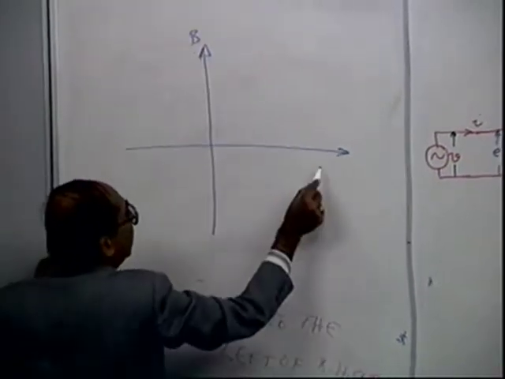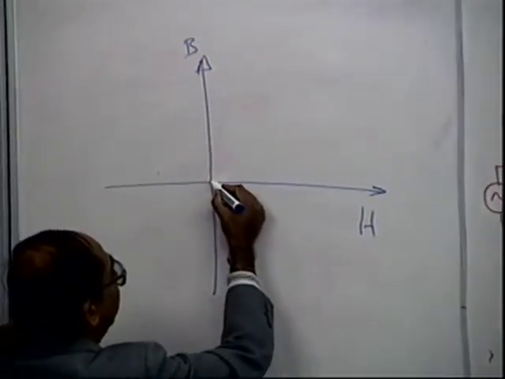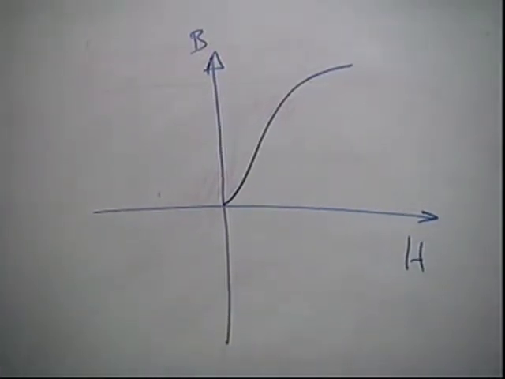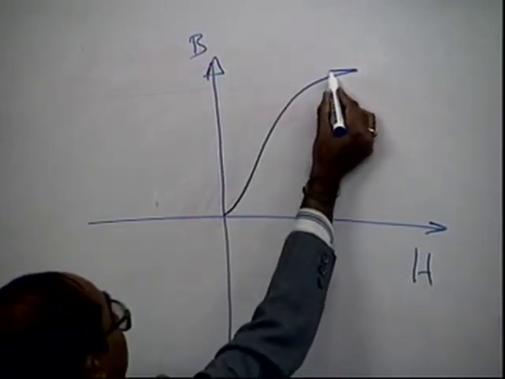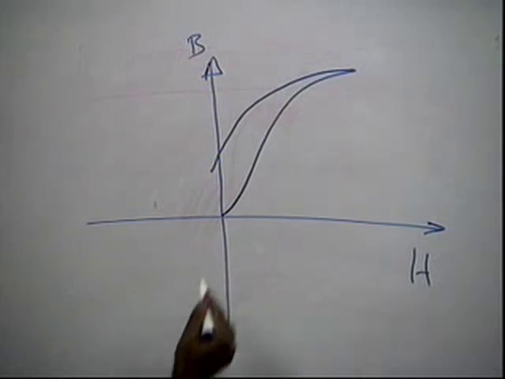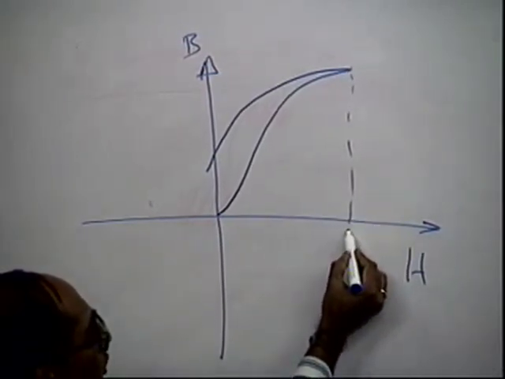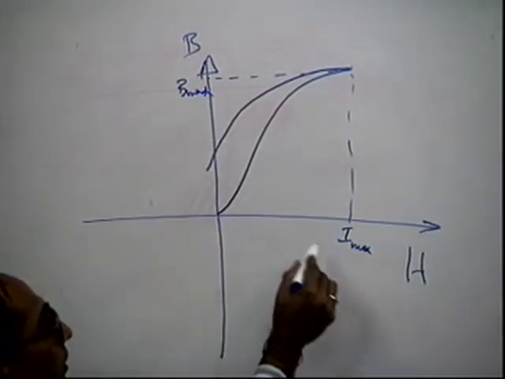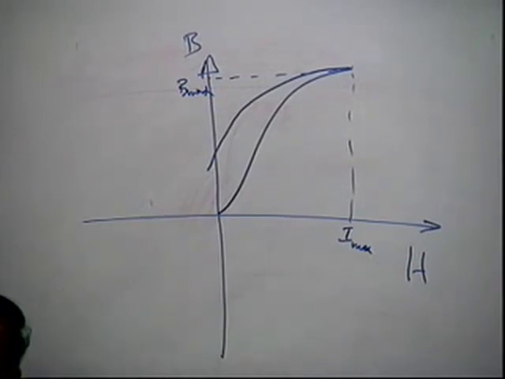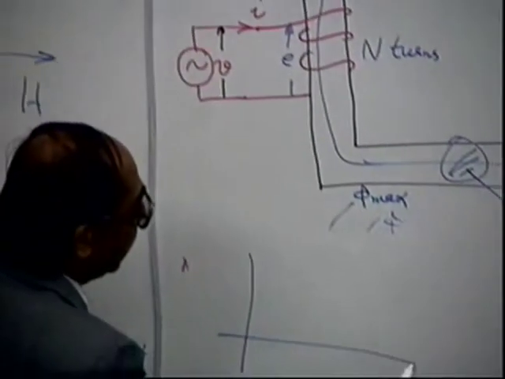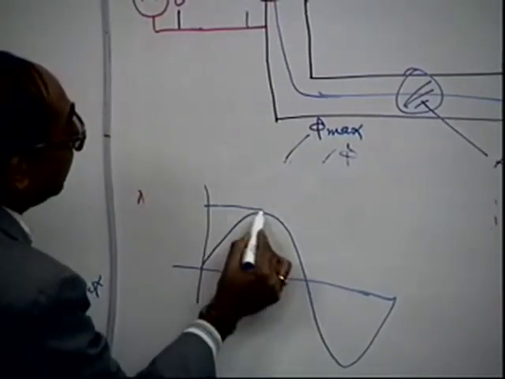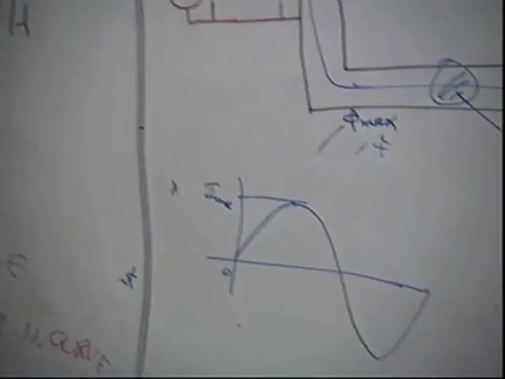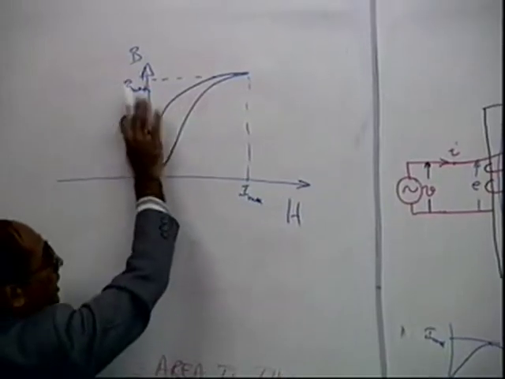If you have B and H, and you retrace the current from I max to 0, because you are exciting by an alternating current, it is not retracing the path, and that means it has taken some energy.